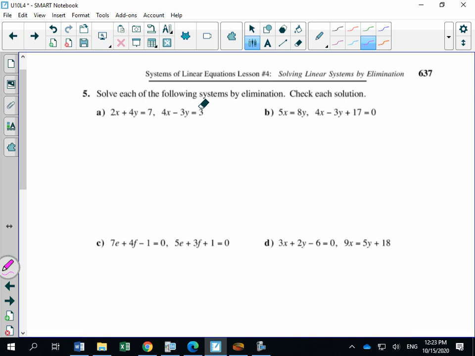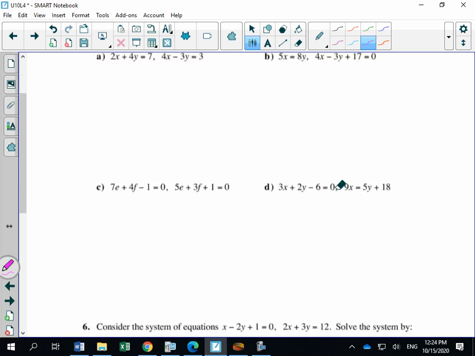So they're not giving us a choice, and I wouldn't want to solve by substitution anyways because I can't get one of these in substitution. Now, we have to rewrite each of these because how did I say I want it written? X, then Y, then what's after the Y? Equals, and then a number, right?